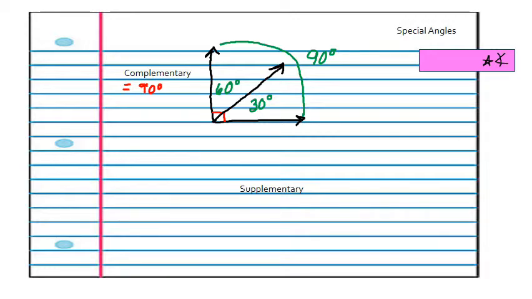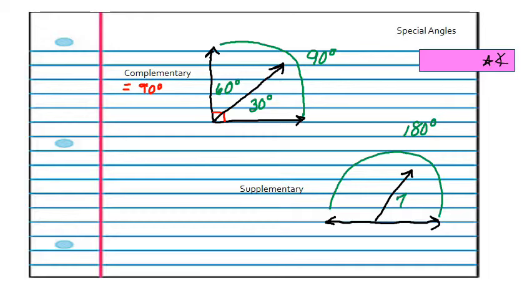The next one is supplementary angles. Those are angles that equal a straight line, which that one's not really a straight line, but pretend it is. Magic of dry erase kind of stuff. That when they're adjacent to each other, they actually equal 180 degrees when you add them together using the angle addition postulate.